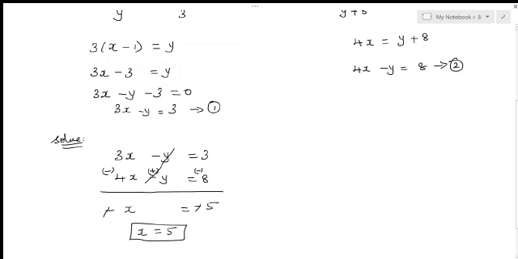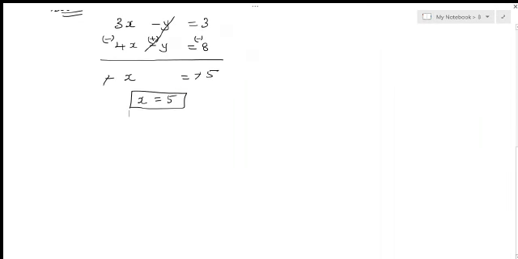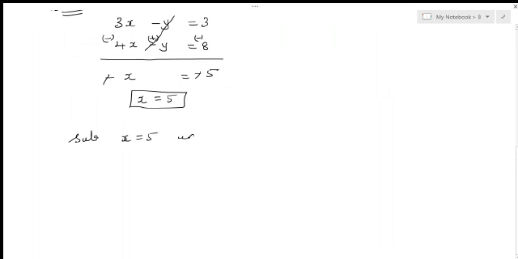Let us substitute this x is equal to 5 in the first equation and get the value for y. So substitute x is equal to 5 in equation 1. What is equation 1? 3 into x. So 3 into 5 minus y equal to 3. 3 into 5 is 15 minus y equal to 3.